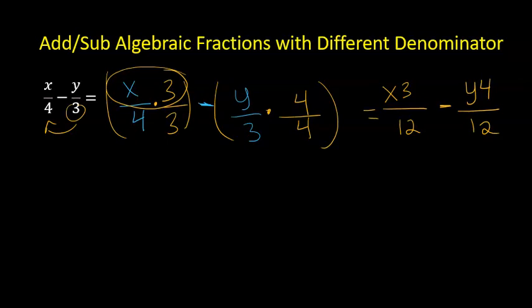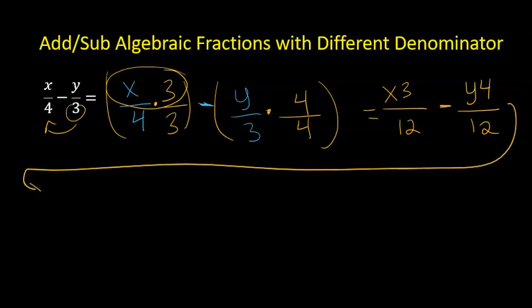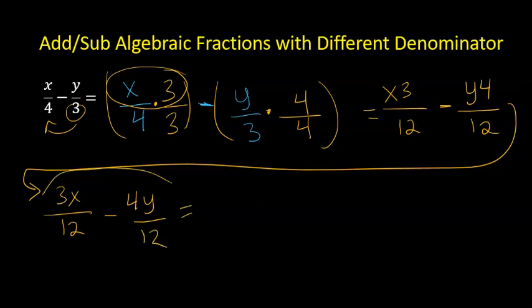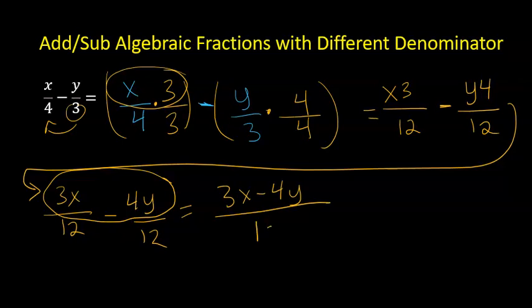I'm going to rewrite it because it kind of looks messy. So let's go ahead and rewrite it. I'm going to do 3x over 12 minus 4y over 12. See, it looks a little bit more familiar. So now what do I do? I just mess with the top, which would be 3x minus 4y. And then we have one base to represent all of them. And that's it. That's my final answer.